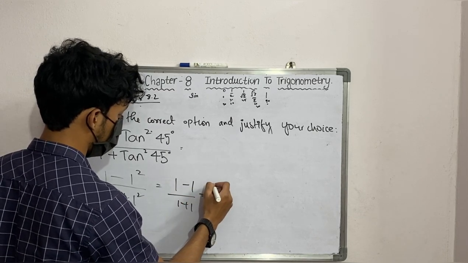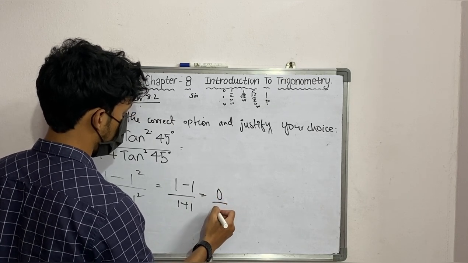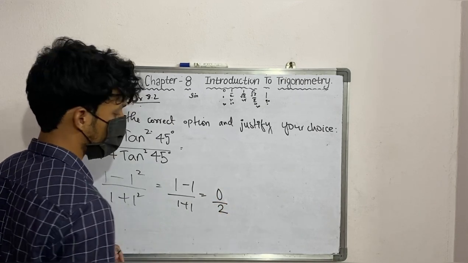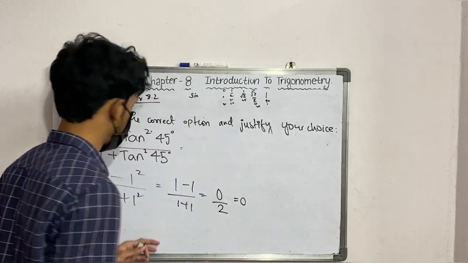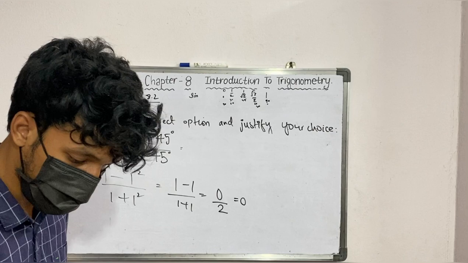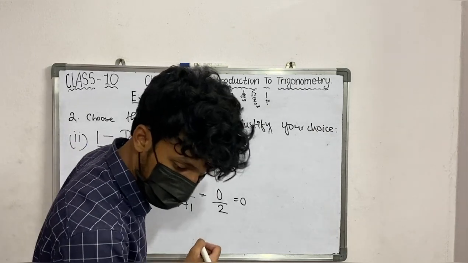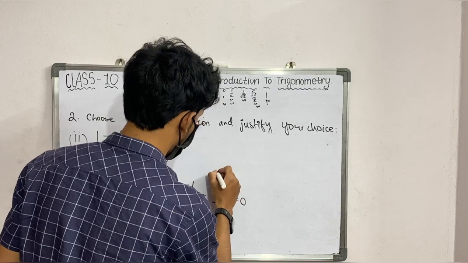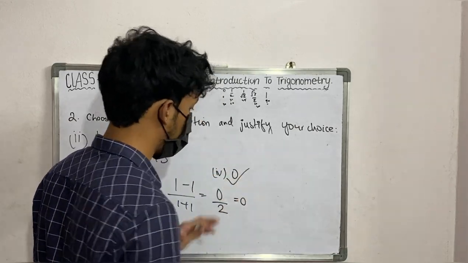So we get 1 minus 1 is 0 and 1 plus 1 is 2. So the answer is 0. We check the options. What are the options given? The option is given as 0 for the fourth, so we will take the fourth option.